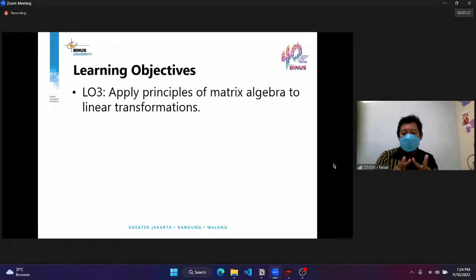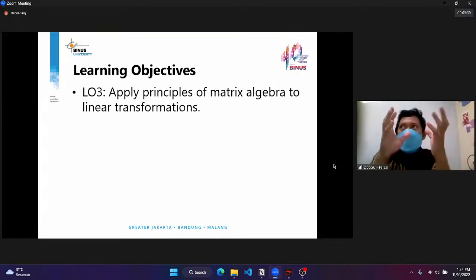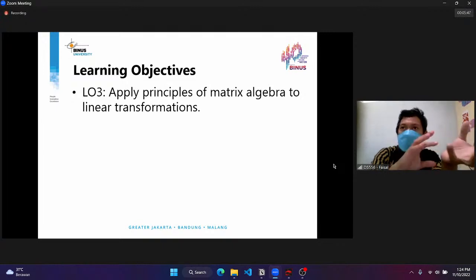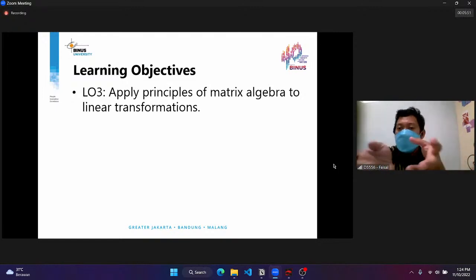There are two ways to represent a geometric transformation using algebra. The first one, we can use a matrix. So a linear transformation can be represented by a matrix. We can multiply the vectors to transform the vectors.